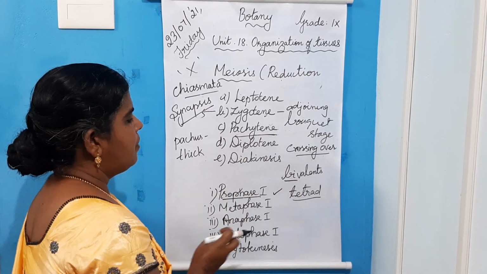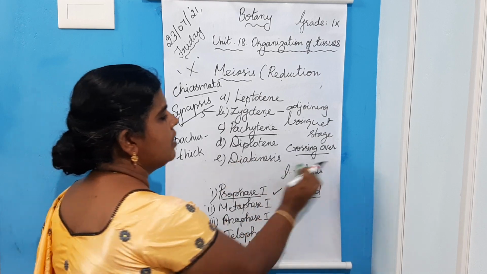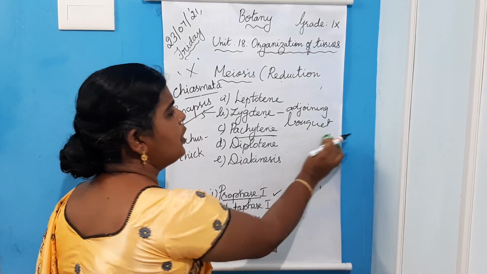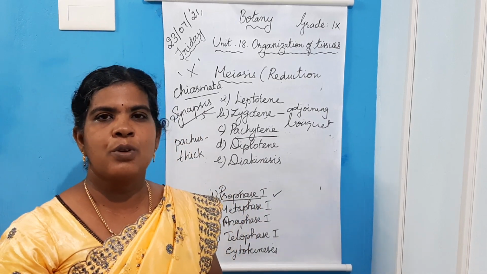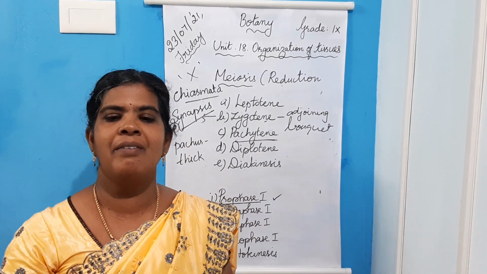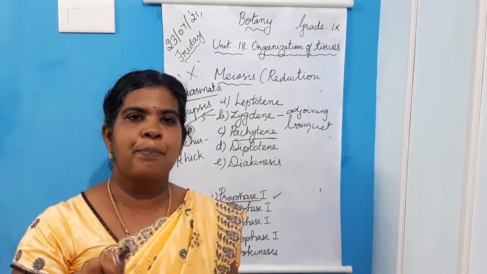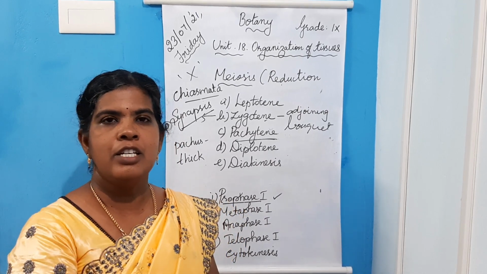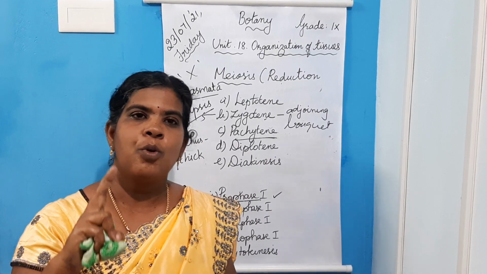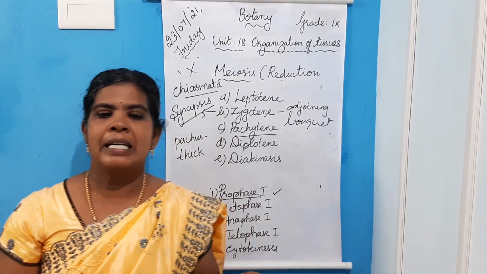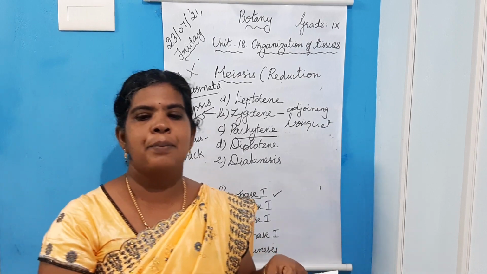That is the diplotene stage. During the diplotene stage, each individual chromosome of each bivalent begins to separate longitudinally into two similar chromatids. Now the homologous chromosomes repel each other and separate.